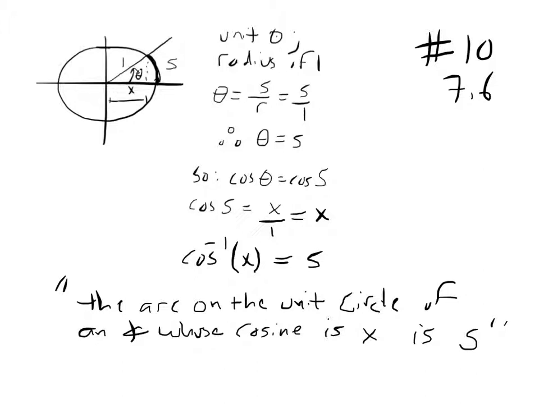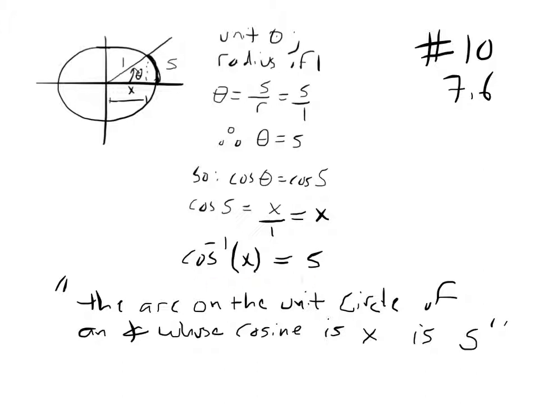If we look at our inverse then, we know we switch our two coordinates. So the cosine inverse of x equals s, and that makes good sense. It says that x is the cosine of some angle, so we're looking for an angle. In the cosine inverse case, we're looking for an angle between 0 and pi such that the cosine of that angle is x, and that angle will be theta, or s.